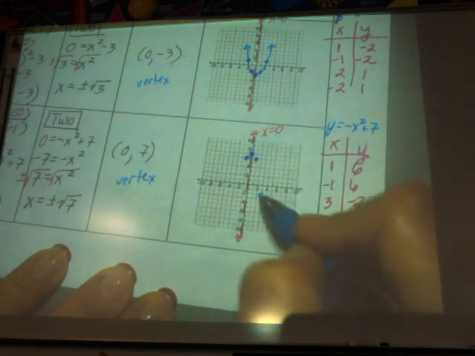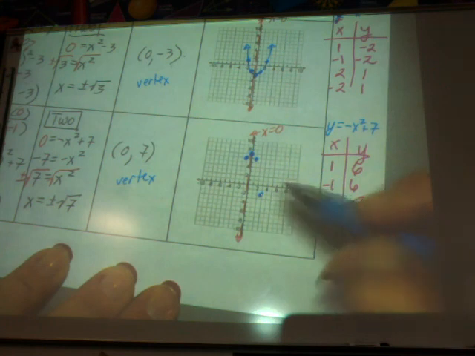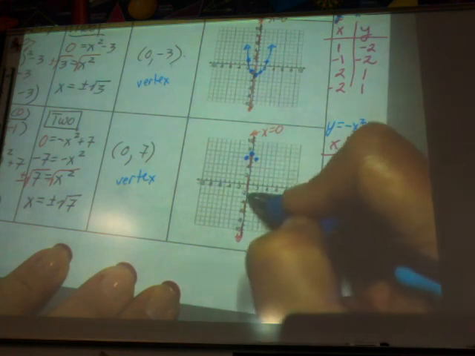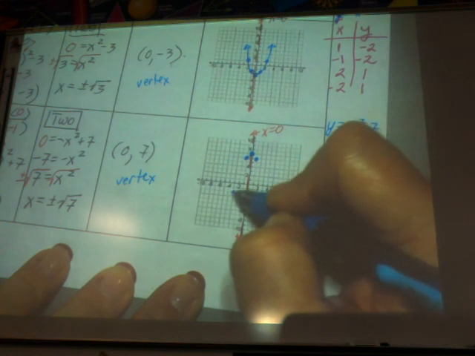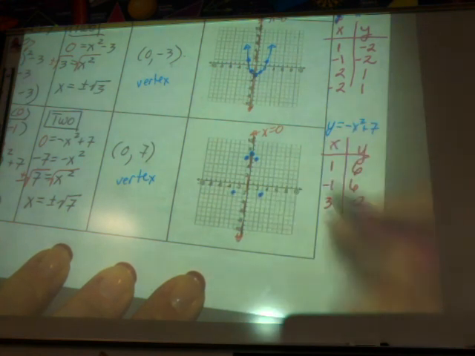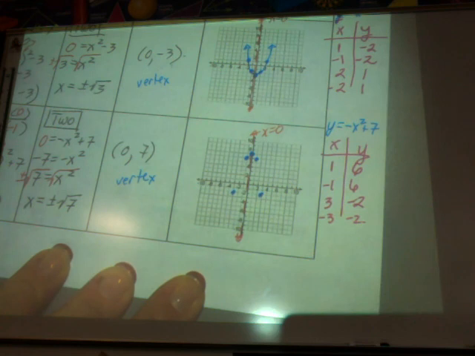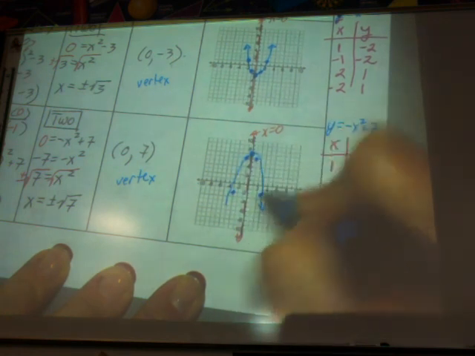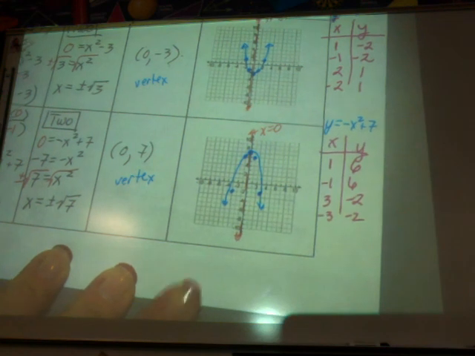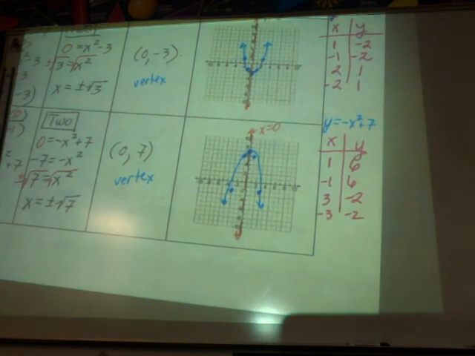And that's 3 units away from the axis. So we want to go 3 units to the left. There we go. And so that would be negative 3, negative 2. And now you can fill in your beautiful parabola. Done. Now you only have 4 more.